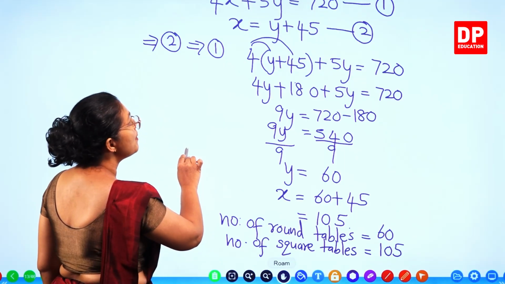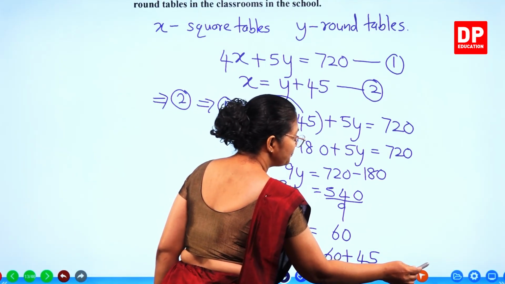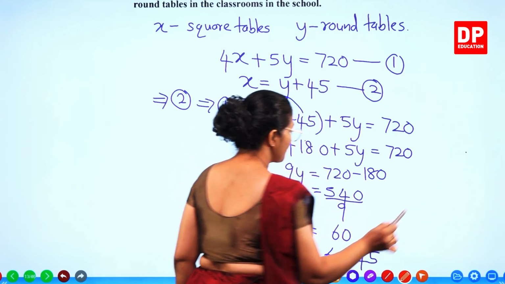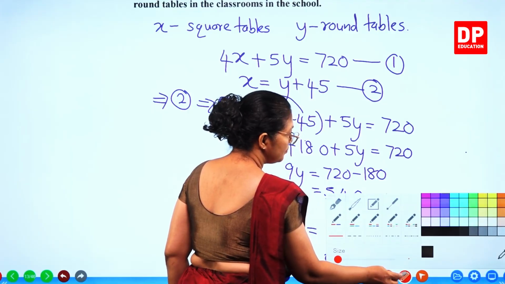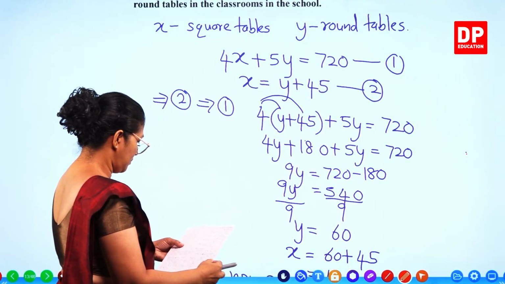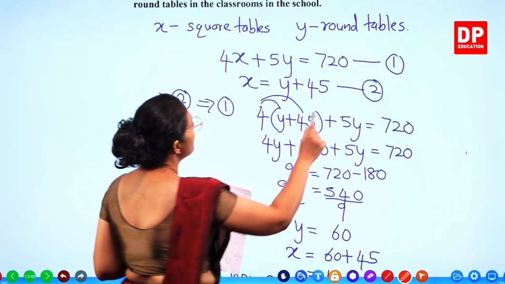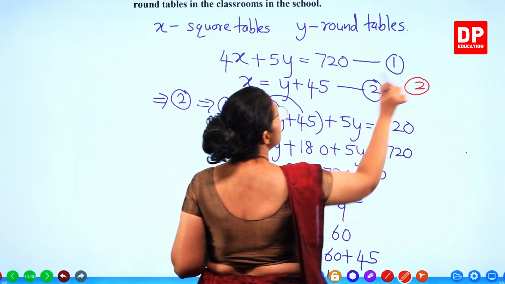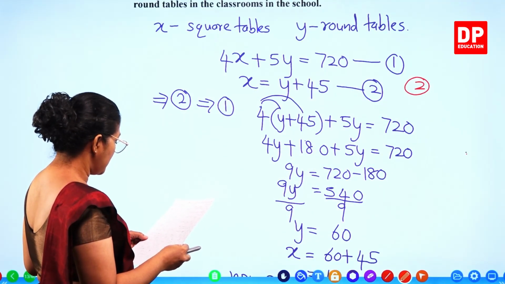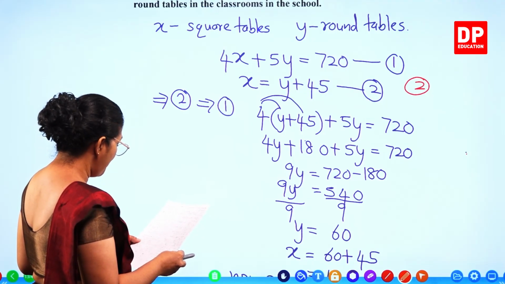So let's see how many marks we can give for this question. We can give 2 marks for this part, creating the 2 equations and solving and finding the x and y.